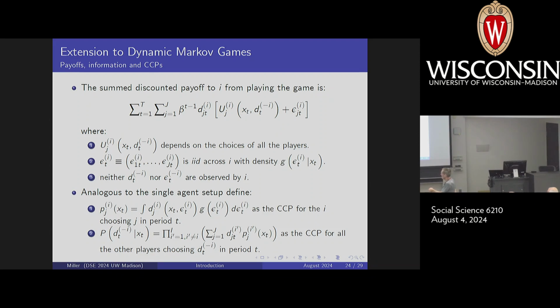You're making your decision at the same time as everybody else. There's incomplete information. You see your own epsilon, you don't see other people's epsilons, but you do know the distribution they're coming from. You do know how to solve their decision problem as well as your own.